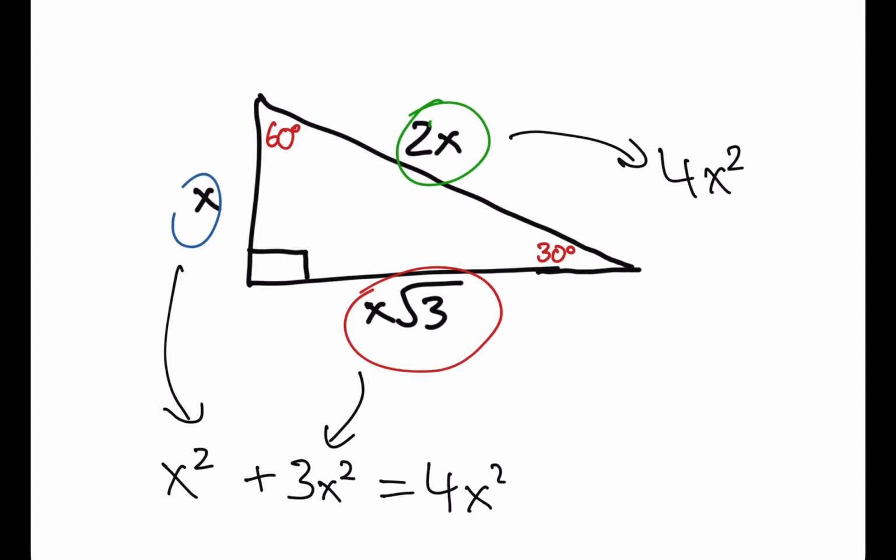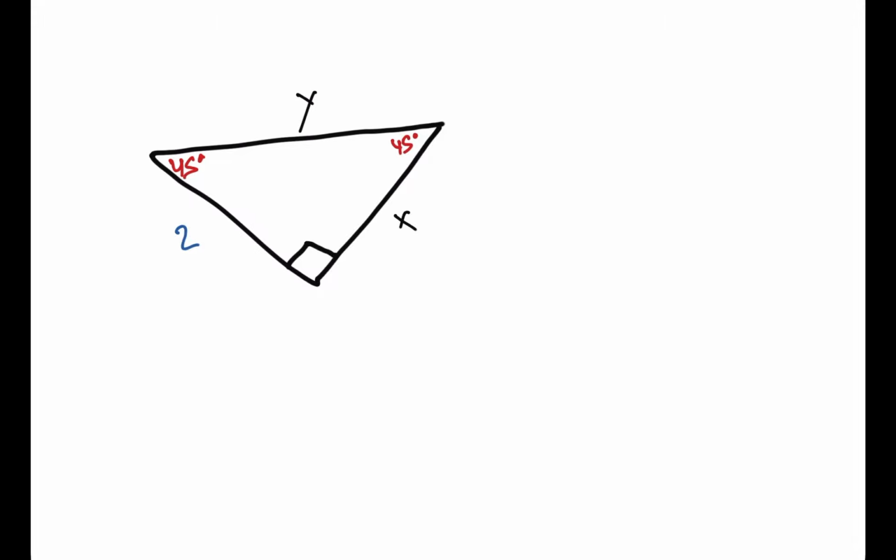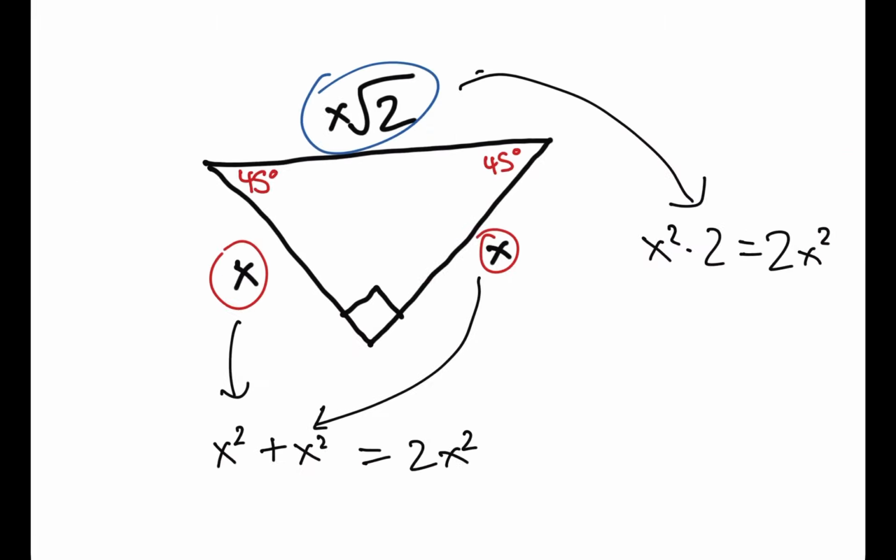So now that you know how the side lengths and the angles of both these triangles work, let's try a few practice problems. Here, we're given a 45-45-90 triangle, and our goal is to find x and y. As you saw in the beginning, these two side lengths have the same value, meaning that the two sides are congruent.